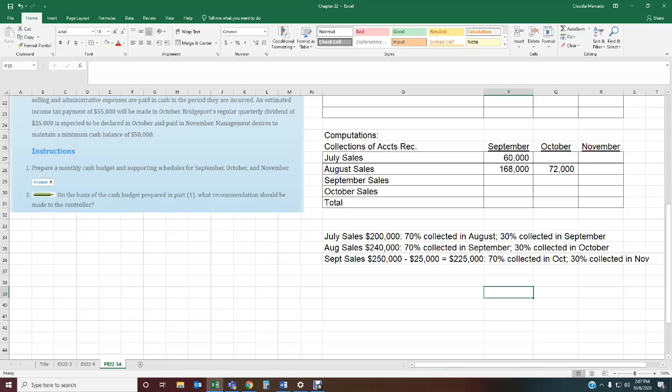The 225,000 is what you're going to split between the 70% and the 30%. So I'm going to do the 225,000 times 70% in October. That gives me 157,500. And then I'm going to get the 225,000 times 30% in November, and that's going to give me 67,500.